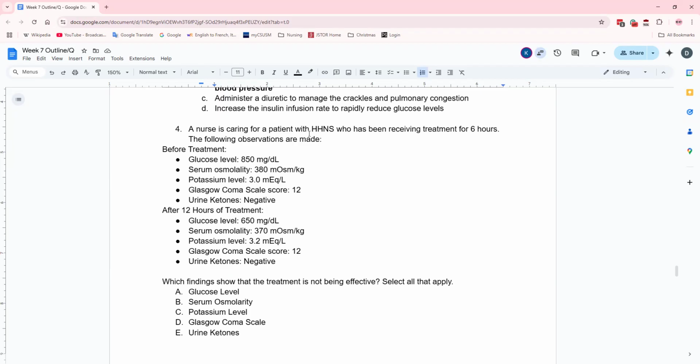So 12 hours of treatment, and this is the before and after. No, it's SATA, so it's multiple answers.